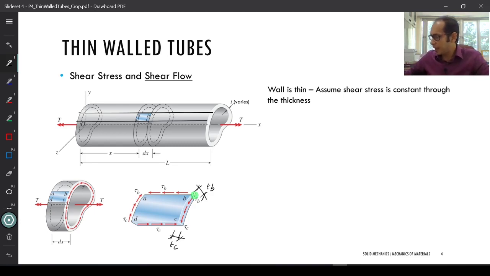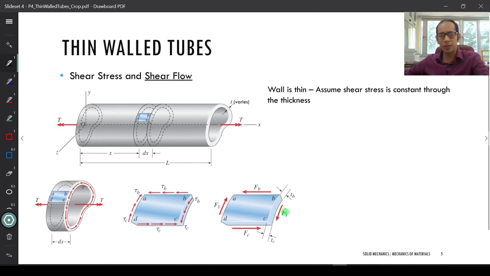So now that I have this TB and TC and this tau, if I do the force balance on this element over here, the same element, all I have done is instead of representing the shear, I cannot balance the stresses, I can only balance the forces, right? The equations of equilibrium are applied to forces, not the shear.